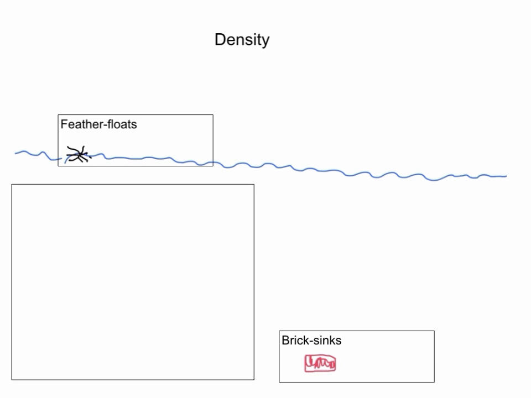So why is this? Well, it would be helpful to know that the density of water equals 1 gram per milliliter. So the density of water is 1 gram per milliliter.